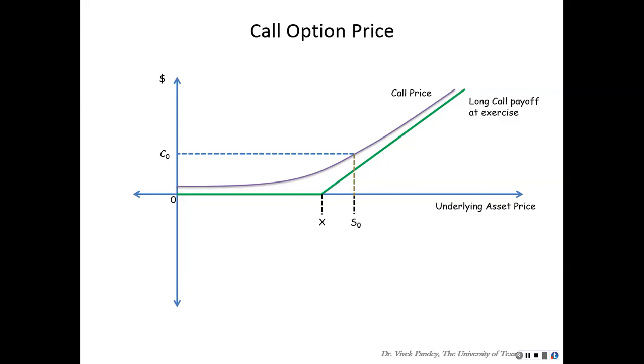So if the current stock price is S0, then this is the intrinsic value, which will be S minus X, right? And the remaining amount is called time value, and it's simply a name that says that this extra value comes from the fact that there's time remaining before the option expires.